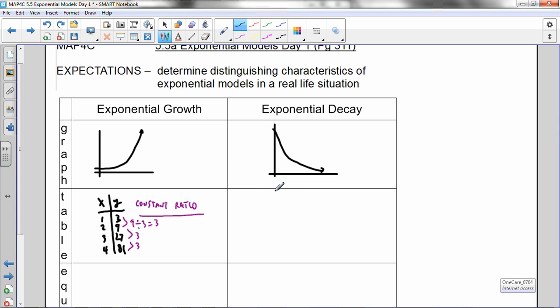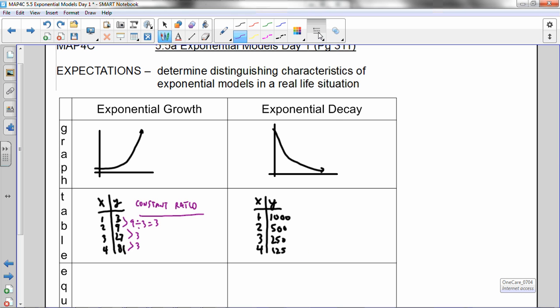Over here. And when we're modeling real life values, they won't usually be such nice numbers. They'll be decimals and stuff, but we'll be okay. We'll get there. So who knows what this y value is, but we can see it's getting cut in half.